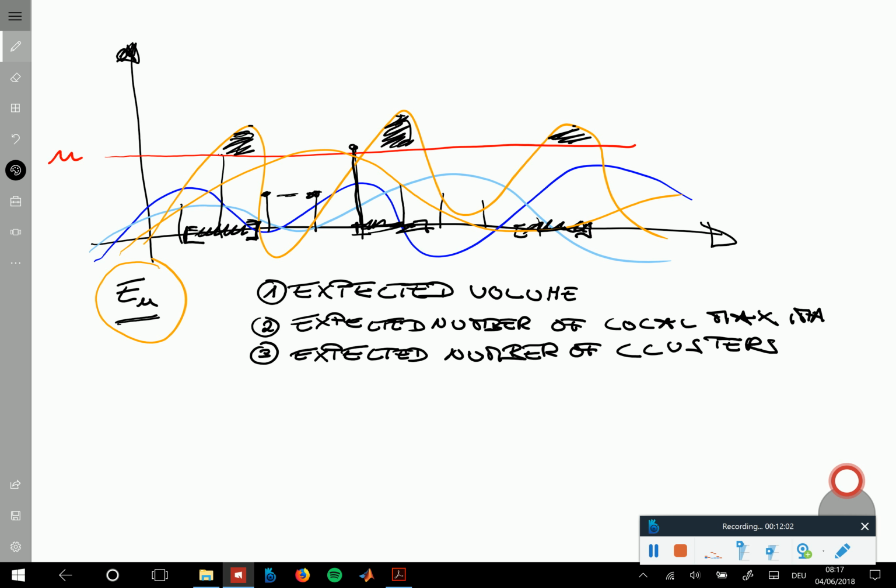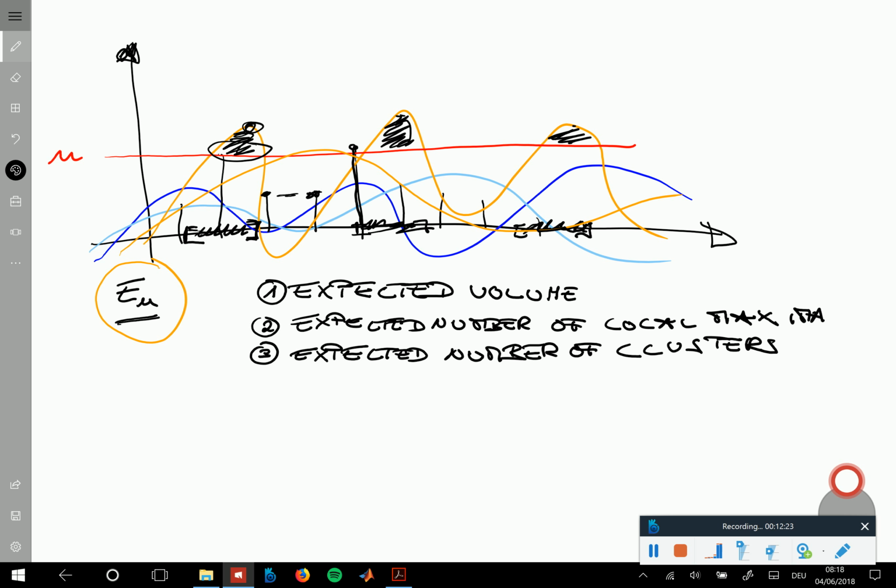Of course, local maxima and clusters in excursion sets are not necessarily the same. We will see that in more detail. But roughly, if you have a local maximum here, then you also have a cluster around here. So that's what we want to talk about.